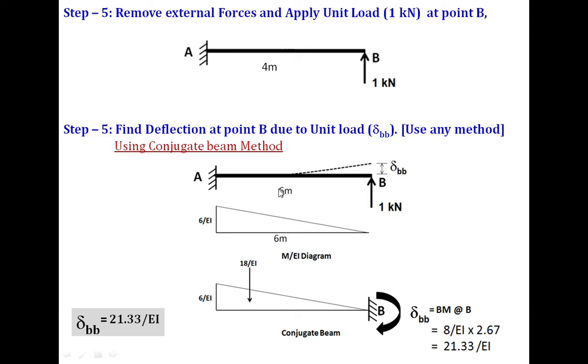This distance is 4 meters, it's my mistake, this is 4, and it will become 2.67 into 8 by EI, there is a mistake here, and it will be 21.33 by EI.